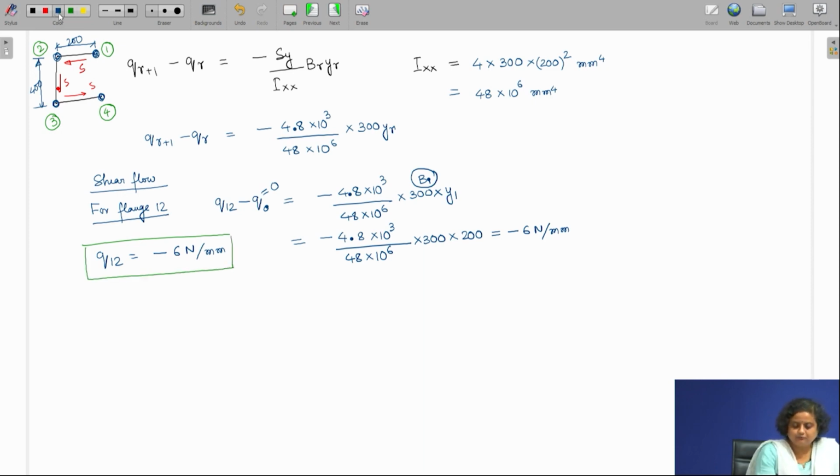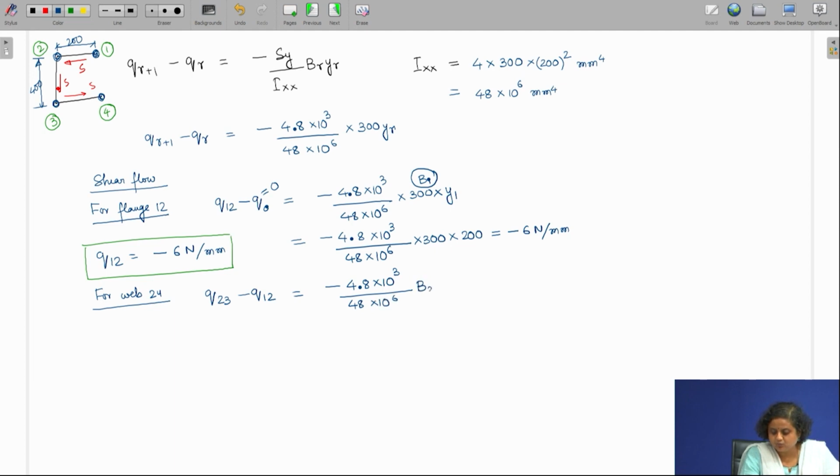Now let us go to web 23. For web 23, Q23 minus Q12 is going to be minus 4.8 into 10 to the power 3 by 48 into 10 to the power 6 into B2 into Y2. Now in place of B2 and Y2, I can write minus 4.8 into 10 to the power 3 by 48 into 10 to the power 6.